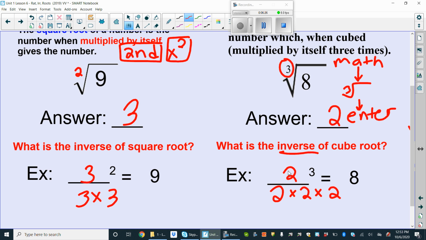So you're multiplying the number 2 by itself 3 times, because the exponent says to multiply it 3 times. Over here, it's being squared, so you multiply the number by itself 2 times, which is 3 times 3. And as you can see, 2 cubed equals 8, because 2 times 2 times 2 is 8.